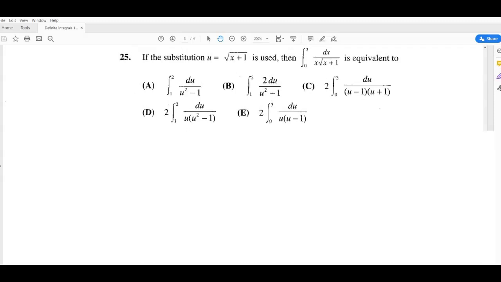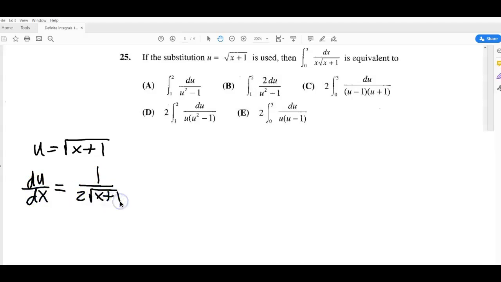Craziness. All right. So, if the substitution u equals the square root of x plus 1 is used, how can we rewrite that expression over there? All right, well, let's do it. So, the derivative of u with respect to x, hopefully you guys know your shortcut for finding derivatives of square roots.